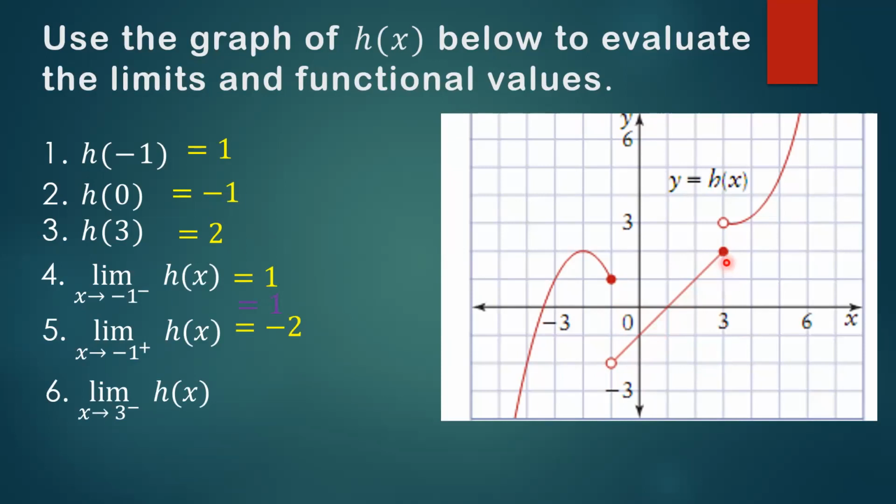For number 6, we have the limit as x approaches 3 from the left. So from the left side of 3, we're looking at the graph, the function's behavior. It gets very near to this solid point where the function value is approaching +2.